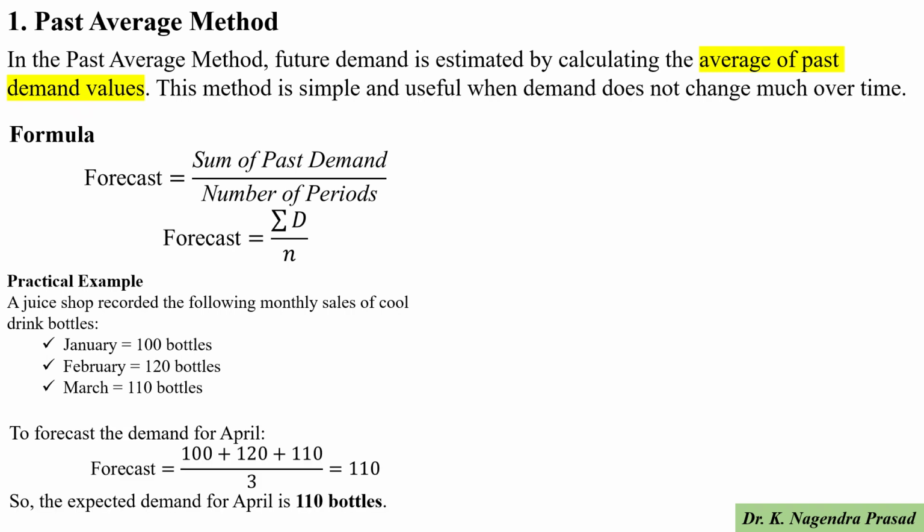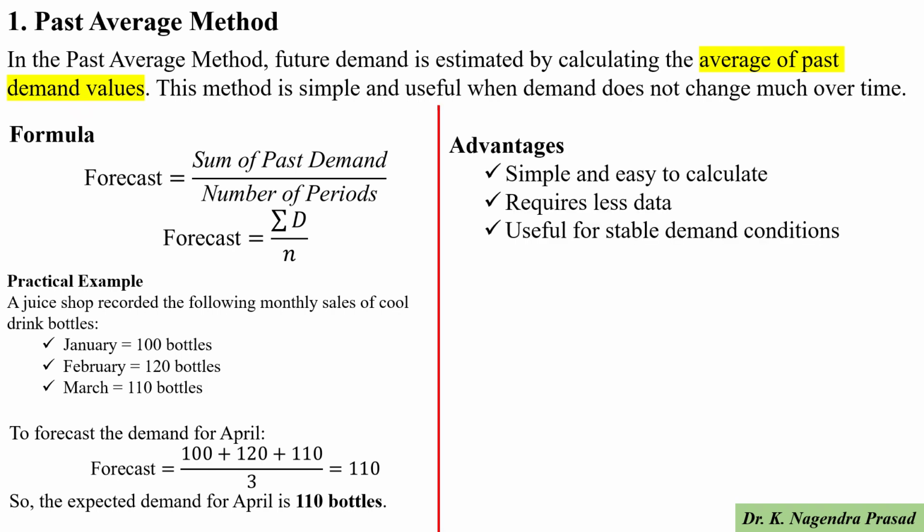From the past average method, forecast demand is the average of the past demand. That is, forecast equals 100 plus 120 plus 110 divided by 3, since there are 3 months of records. Which is equal to 110. So the estimated demand for April is 110 bottles.